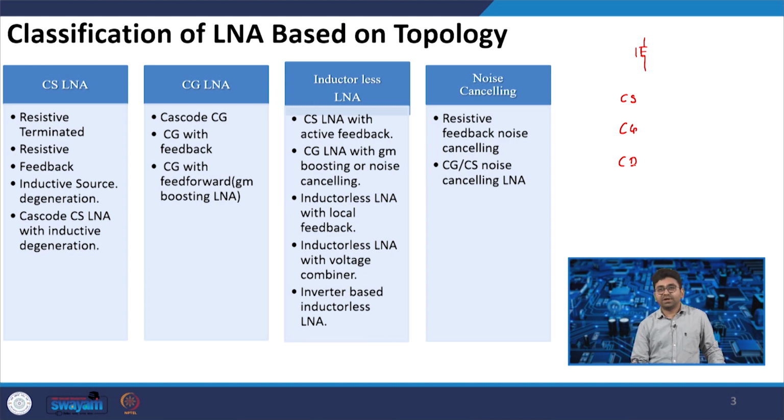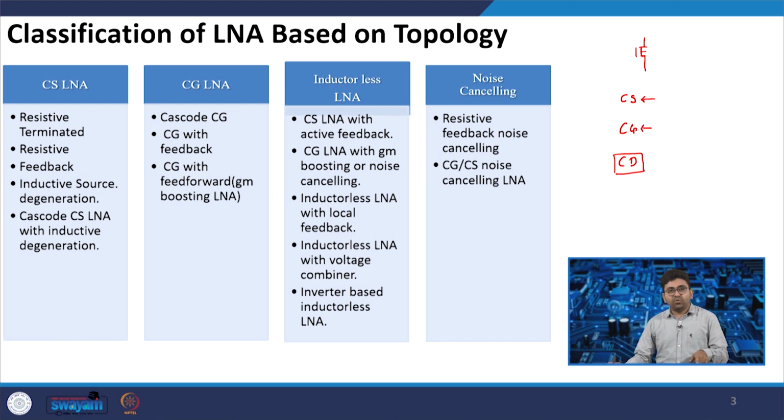The common drain is also called a source follower. It only gives a gain in the range of 1, and it is widely used for buffer applications. We are not going to see the common drain; all the low noise amplifiers are made from the other two topologies, common source and common gate.